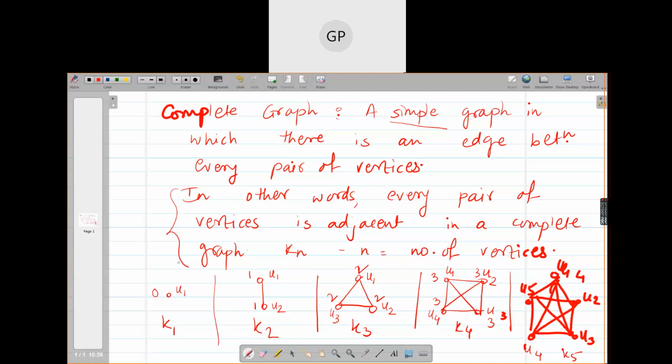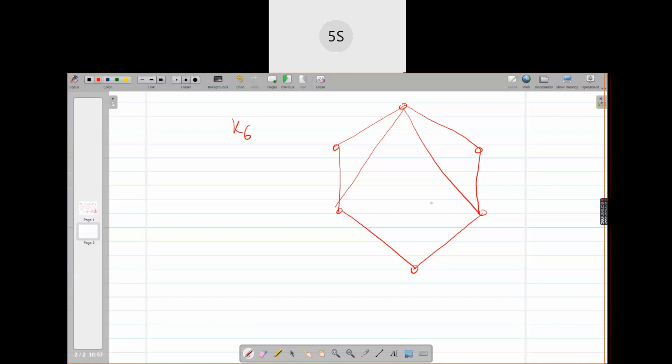So if you have the complete graph K6, what will be degree of each vertex? 5. And if you have a graph with n vertices, what will be degree of each vertex? n-1. Exactly. Are you getting it?